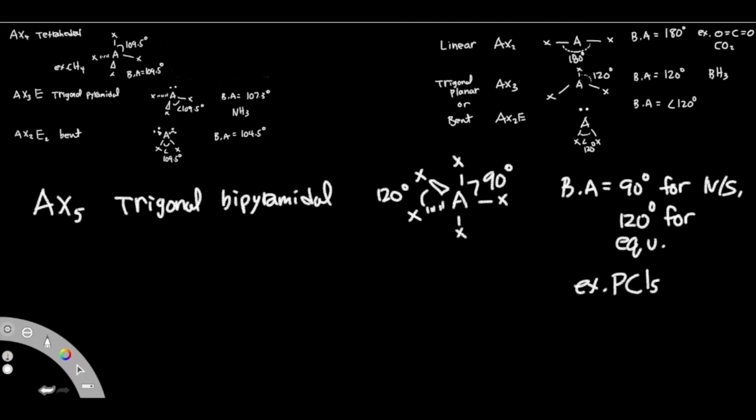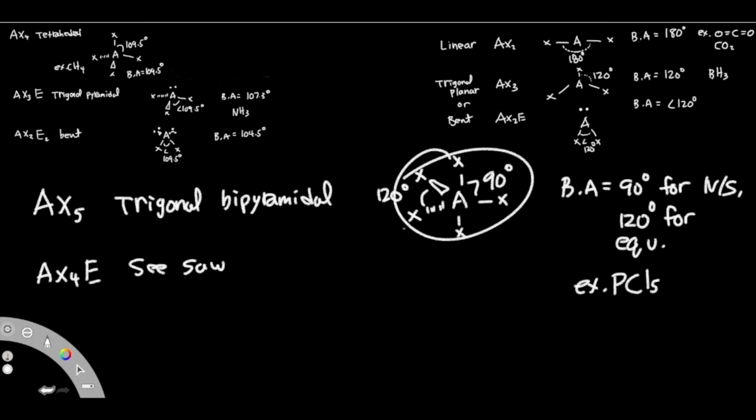It has more subcategories as well. Let's look at the AX4E. AX4E is known as the seesaw. How would this one look like? The seesaw has exactly the same as this. We always just preface it from what we were working with before.